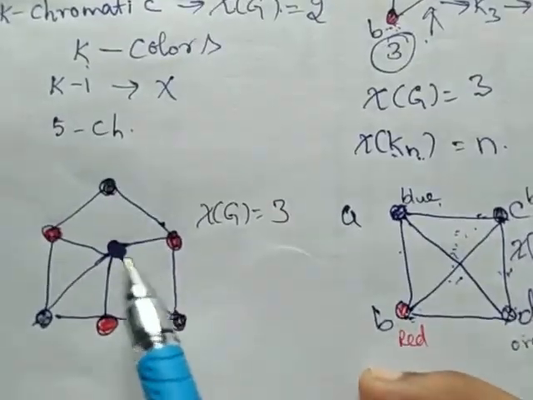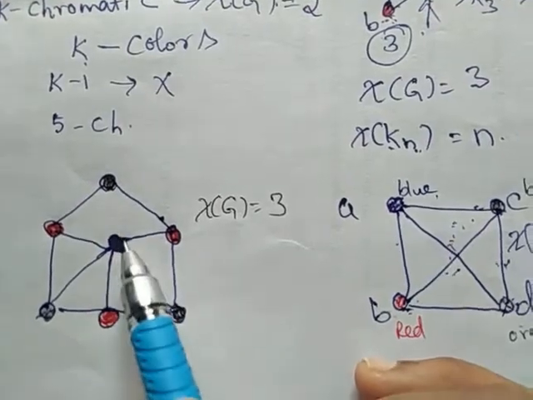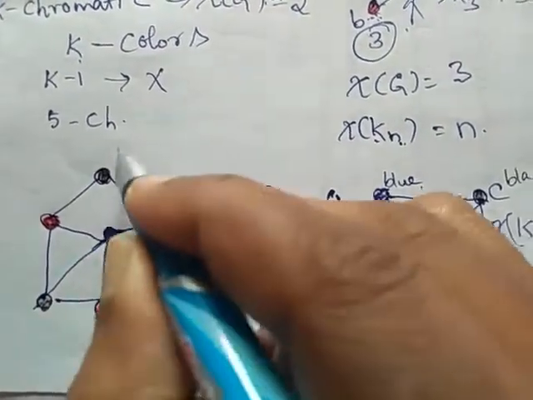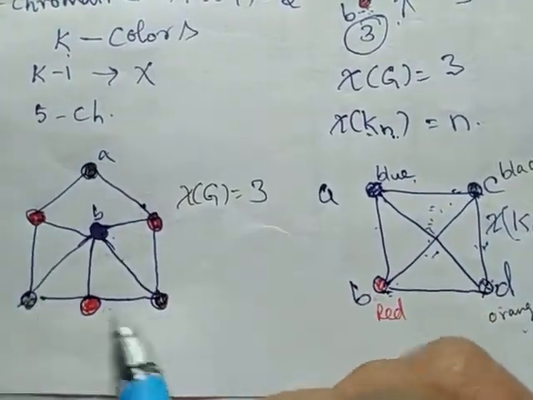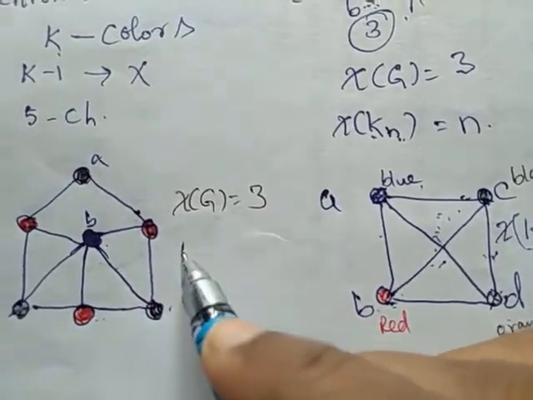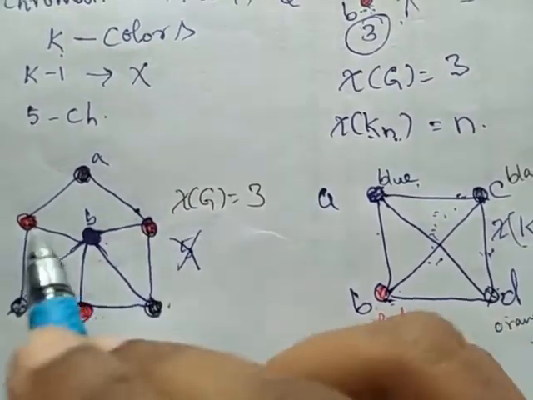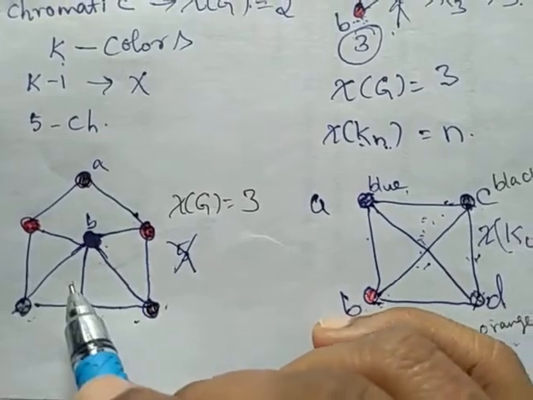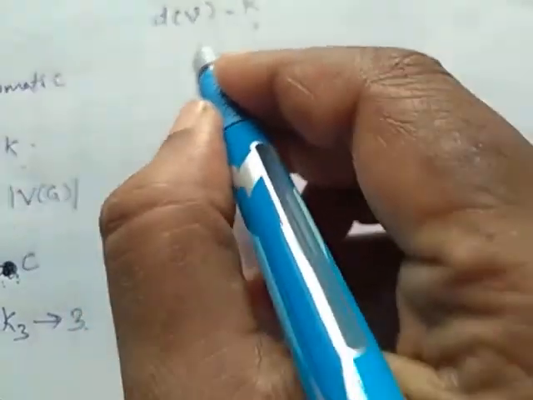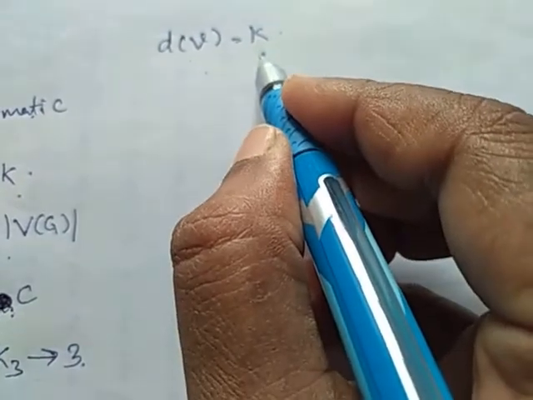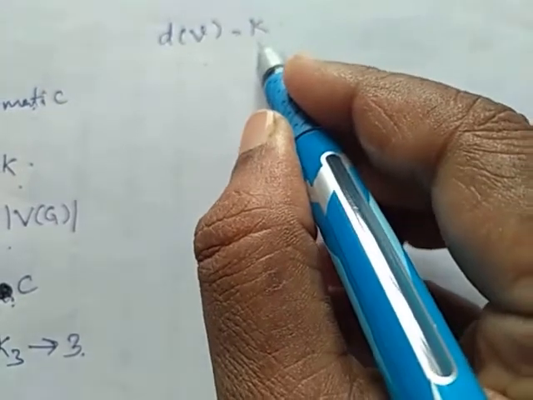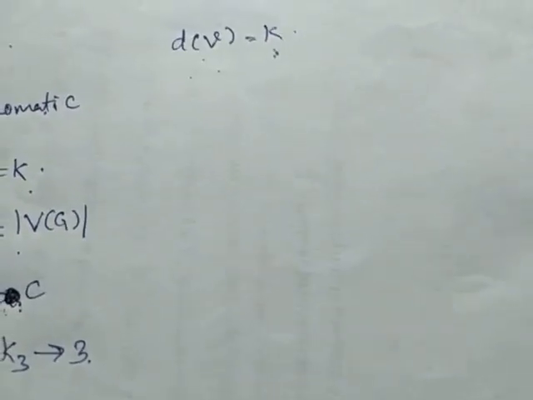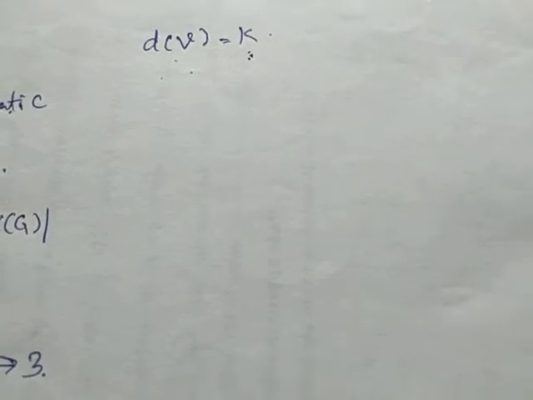Right? But in this case, its degree is 5. The degree of this vertex B is 5, but to color the adjacent vertices, we don't require 5. We have used only 3 colors here. So, if the degree of a vertex is k, to color the adjacent vertices, it requires a maximum of k colors. It will not require more than k colors, and in some cases it may be less than k colors also.